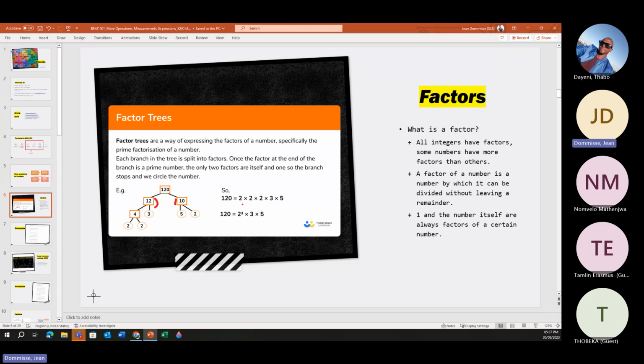Another way that I normally love to do it is to write a diagram like this. I first say, I know 2 goes into 120, 60 times. Then there's another 2 that can go into 60, that is 30 times.